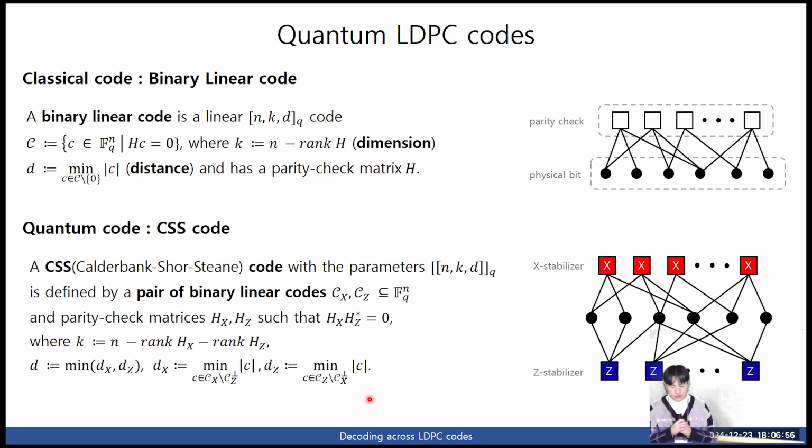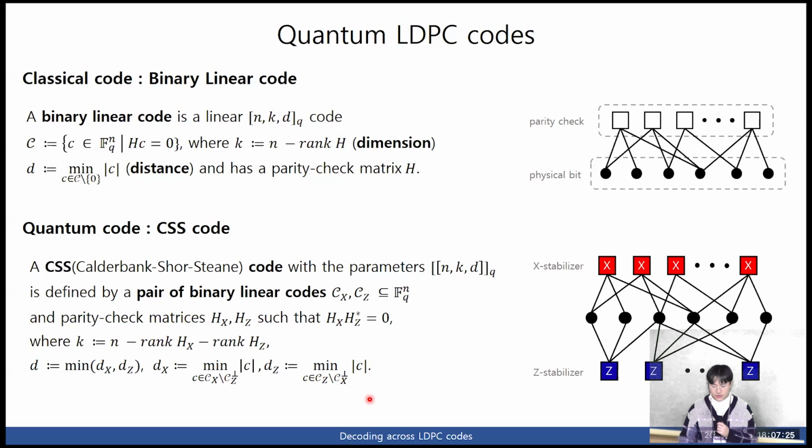The dimension of the classical code is given by the rank of the parity check matrix, which means if we have a low rank parity check matrix, we have more dimension, which means a logical qubit can represent lots of states. And the distance is defined as the minimum distance of the code words.